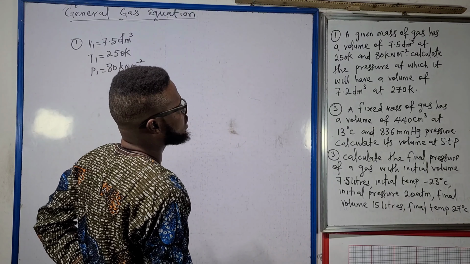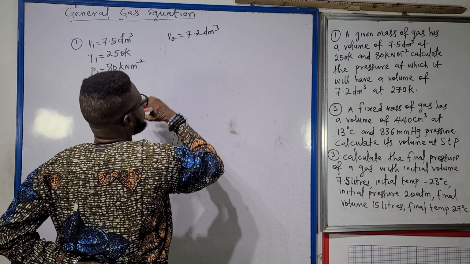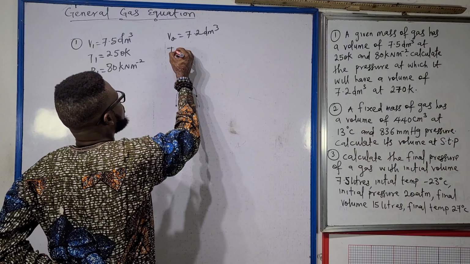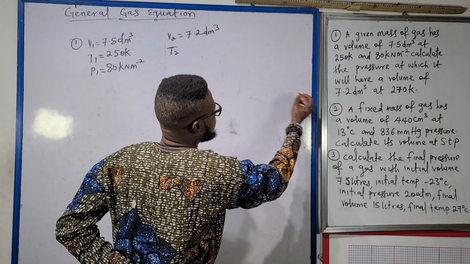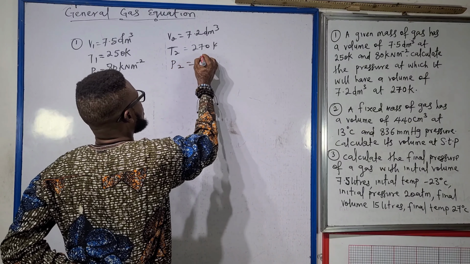Okay, V2 is 7.2 dm cube, and temperature T2, according to this, is 270 Kelvin. We were told to calculate the pressure, so we're looking for P2, and that's the question.